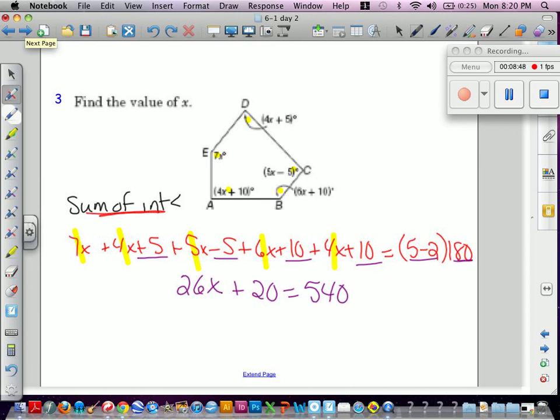Okay, move your 20. 26x equals 520. Divide by 26. x equals 20.